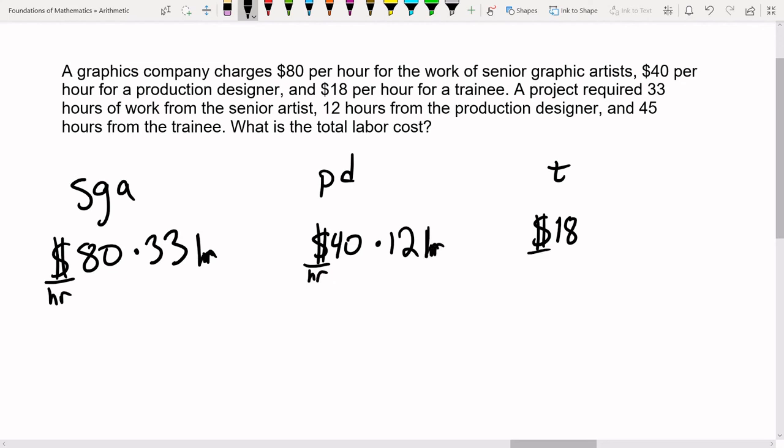And then the trainee at $18 an hour, they worked 45 hours. So the total labor cost is just going to be the sum of these things. Let's extract these numbers out with the signs that we're doing, or the operations.